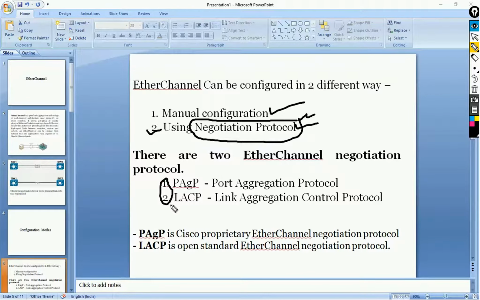Between these two, LACP will always be preferred because LACP is an open standard EtherChannel negotiation protocol, and PAgP is Cisco proprietary.